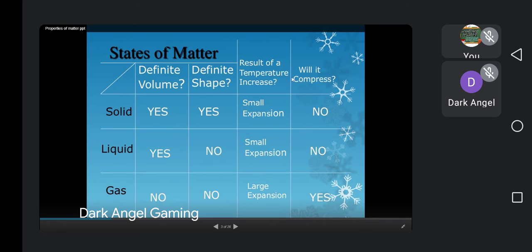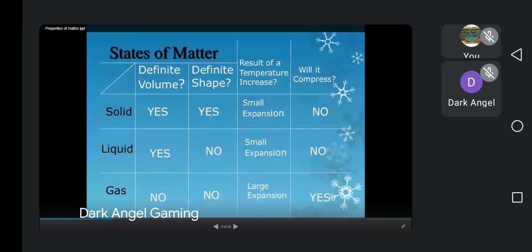State of matter. Solid. Definite volume? Yes. Definite shape? Yes. Result of temperature increase? Small expansion. Will it compress? No. So the liquid, definite volume, no definite shape.